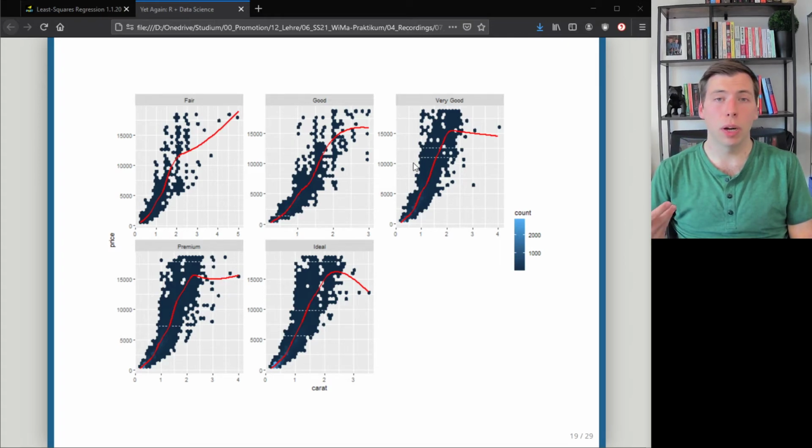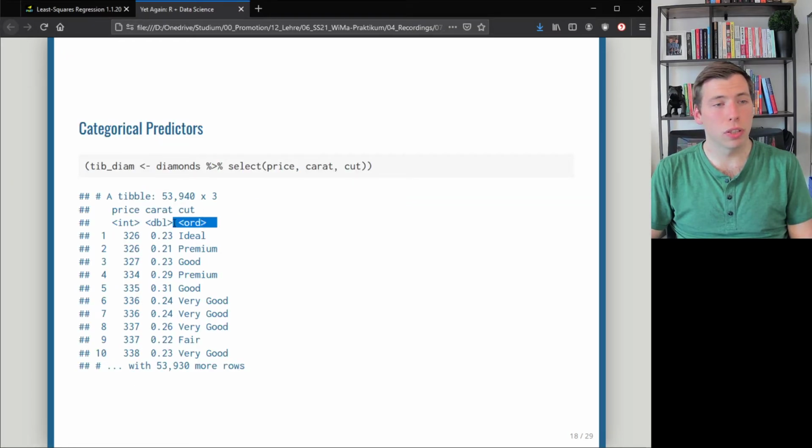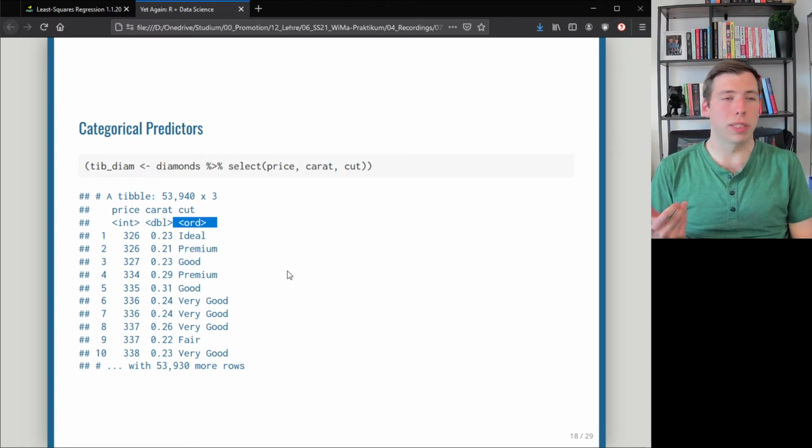If we now want to run a linear model, then we'll have to be aware of one thing. If you see here this ORD indicator, it means that cut is not only a factor in R, it's also an ordered factor. So there is an ordering to it, the ordering I just gave you: fair, good, very good, and so on.